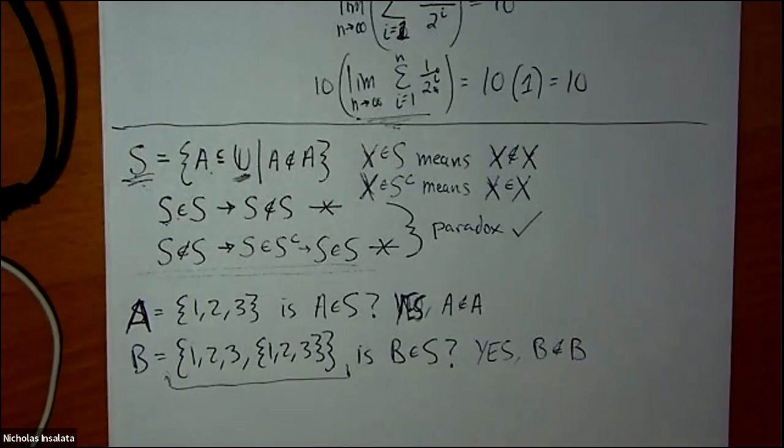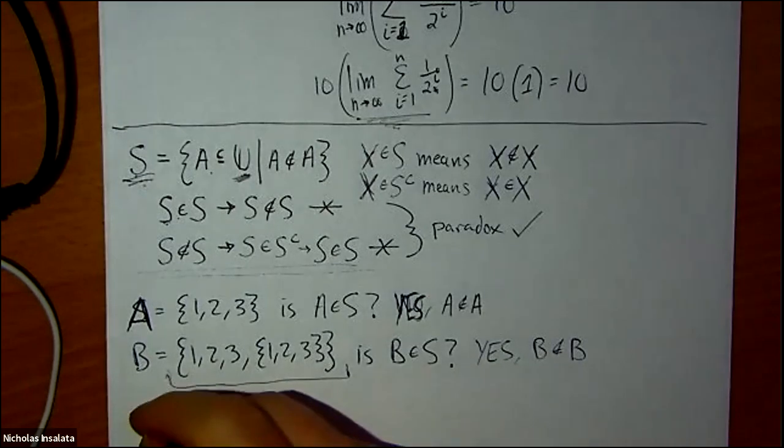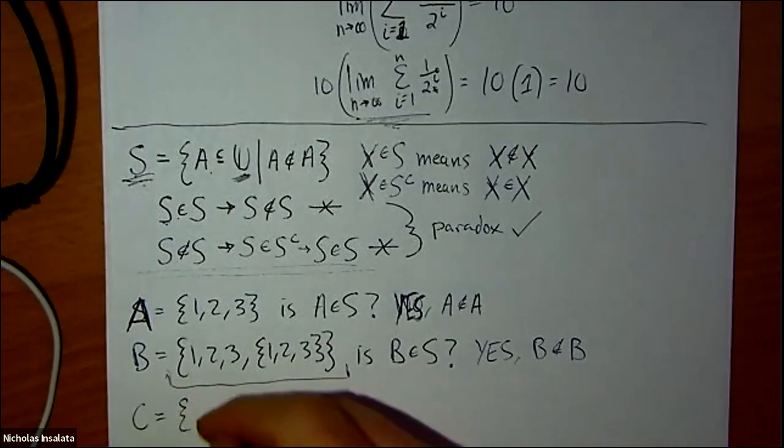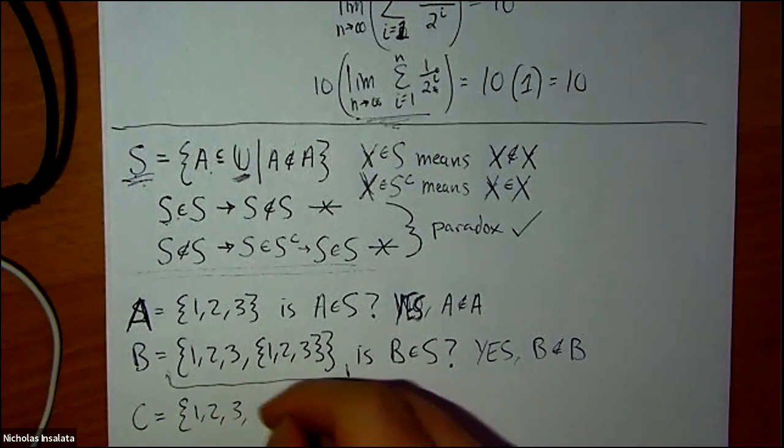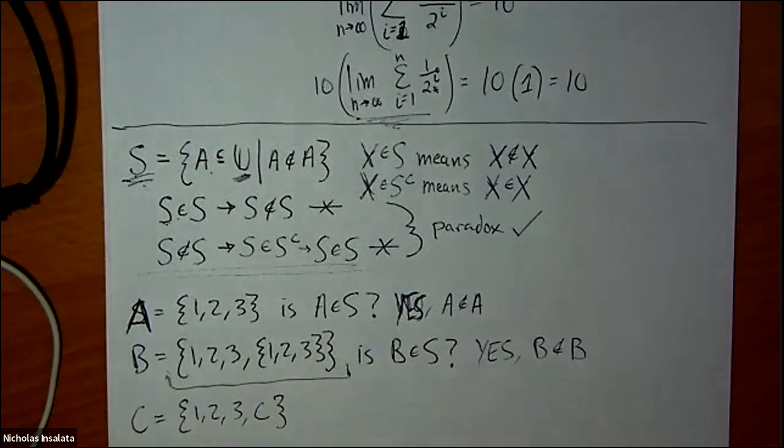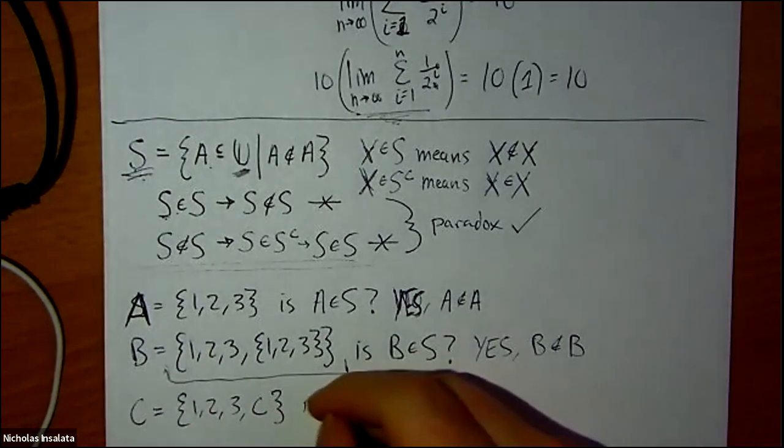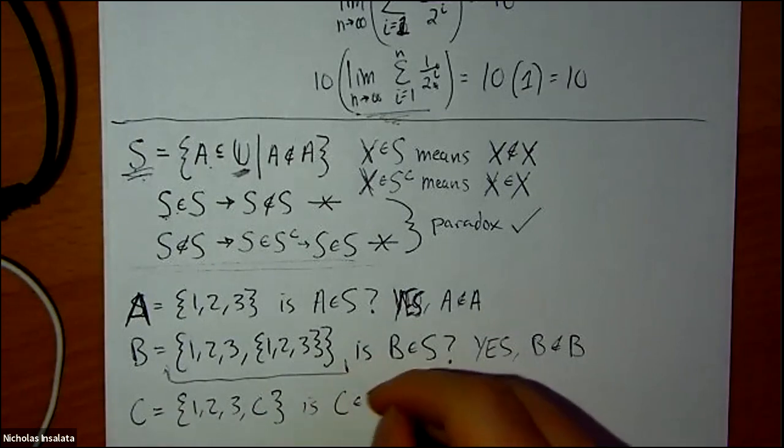Well, I wouldn't say that. What if I do this? What if I say C equals {1, 2, 3, C}? Is C an element of S?